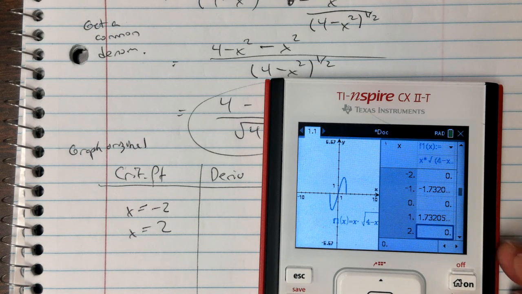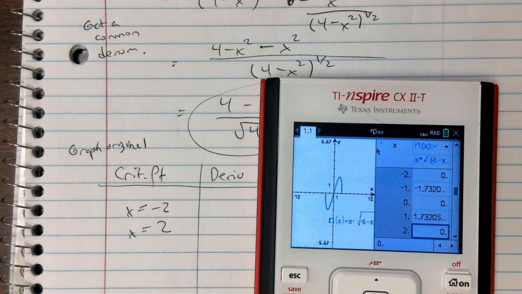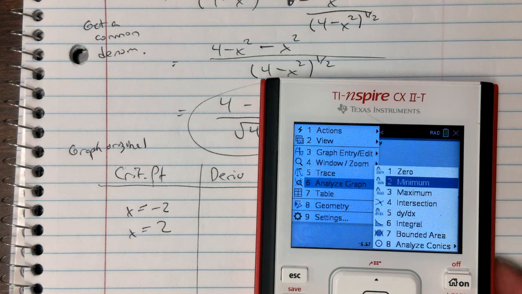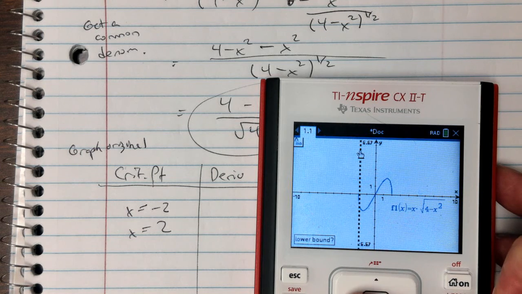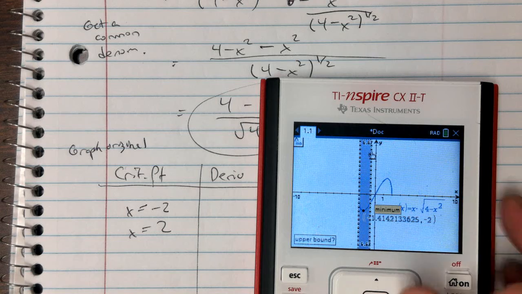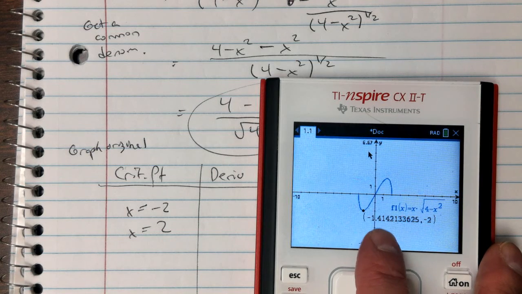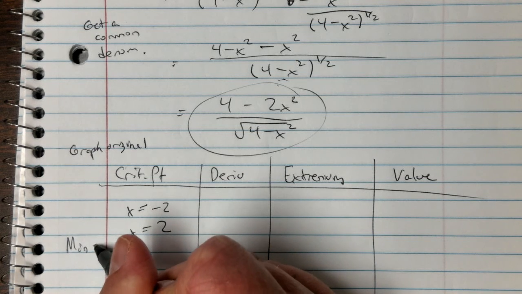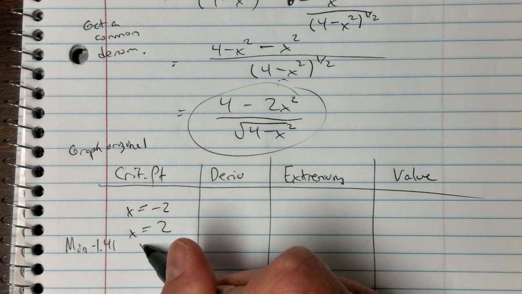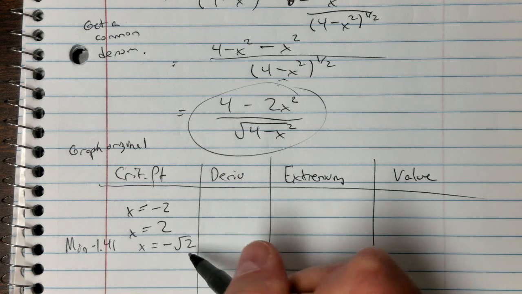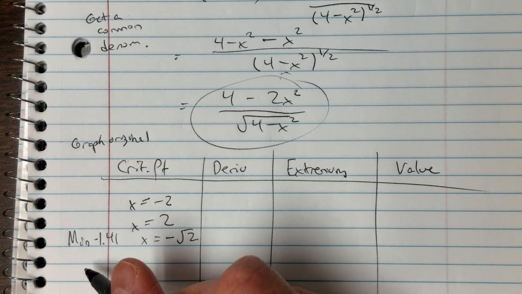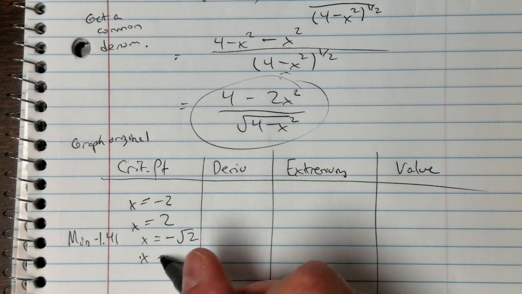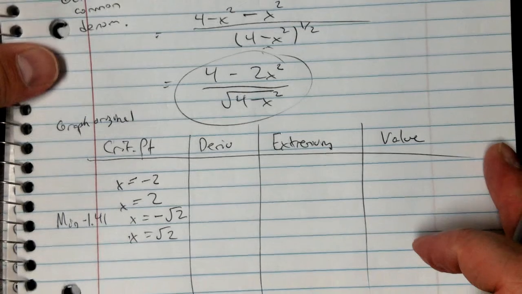Let's see. Analyze minimum. Okay, so our minimum is at -1.41. So that would be negative square root of 2. And on our other one, it's symmetric, so that'd be positive. So those are the 4 critical points.